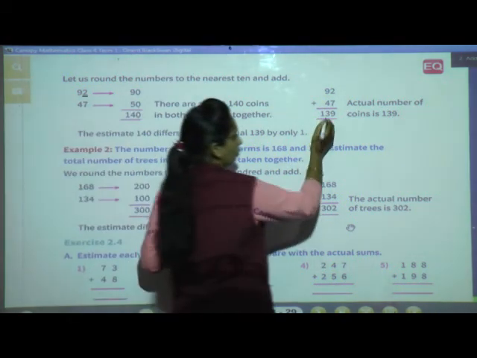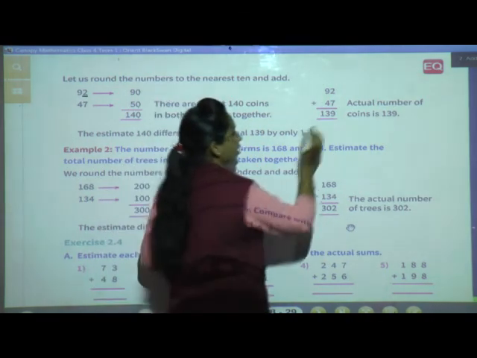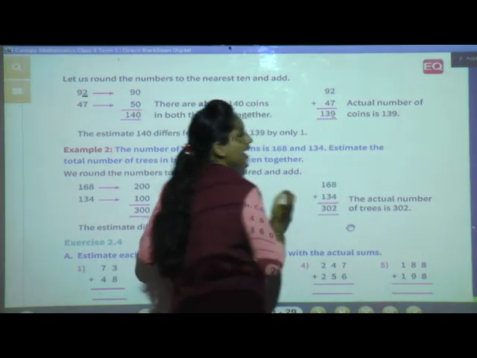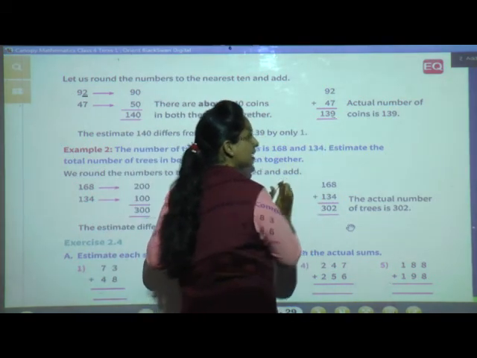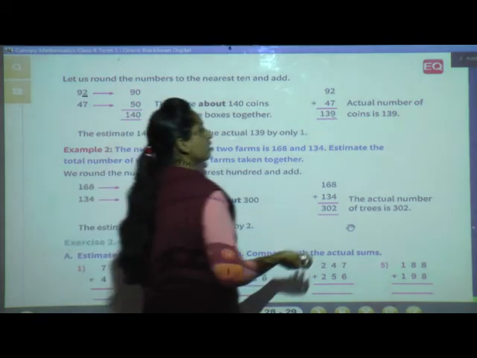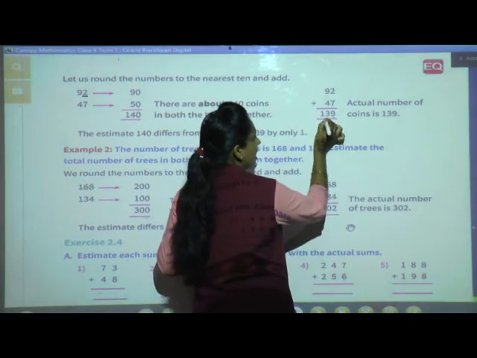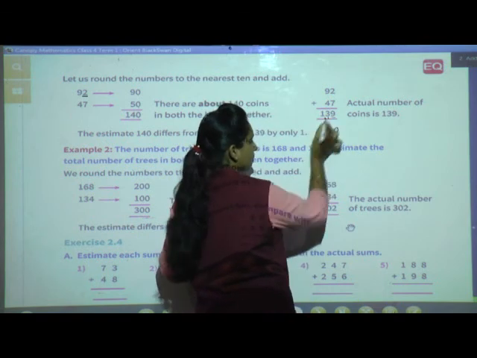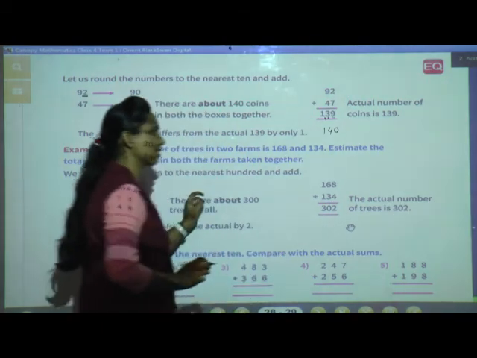How? See, 139. So we are rounding off to the tens. Whenever we are rounding to the tens, underline the ones place. What is there on the ones place? 9 is there. Of course it is more than 5. If it is 5 or more, write 0 on the ones place and add 1 to the tens place. 3 plus 1 is 4, and write the hundreds place as it is.